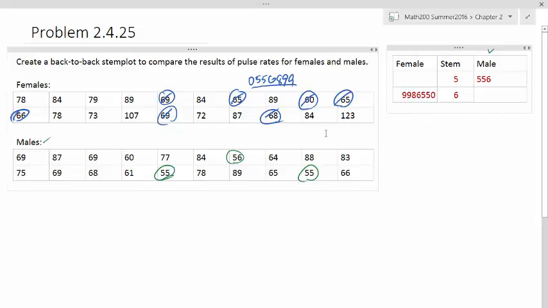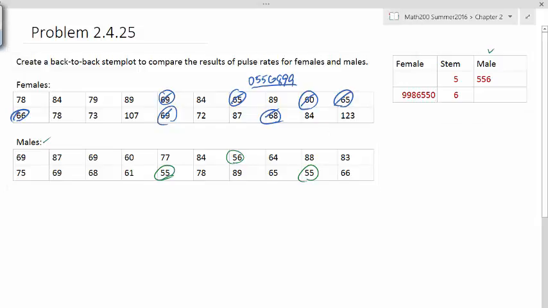So now let's look at the male side and how many of them are in the 60s. Got a 69, 69, 60, 64, 69, 68, 61, 65, and 66.